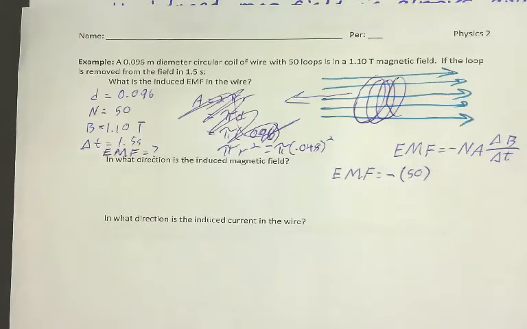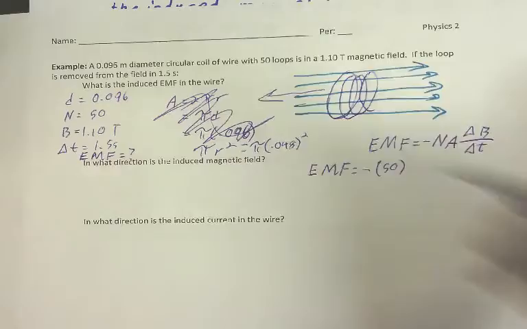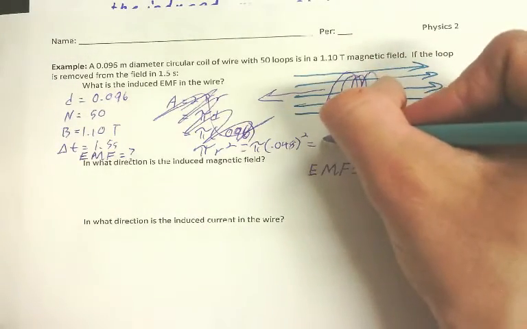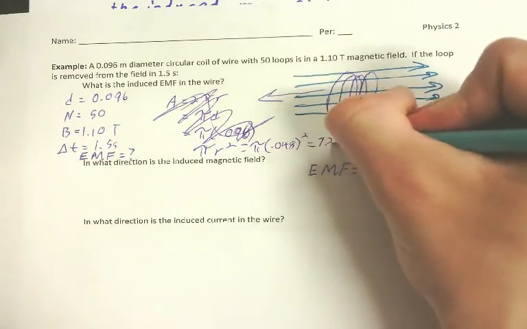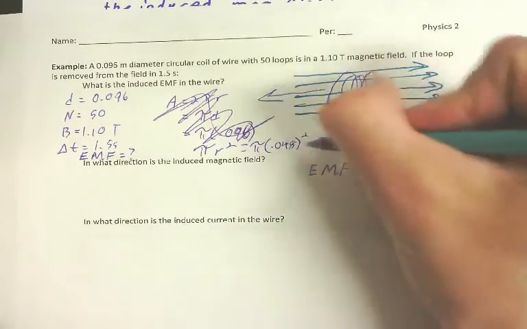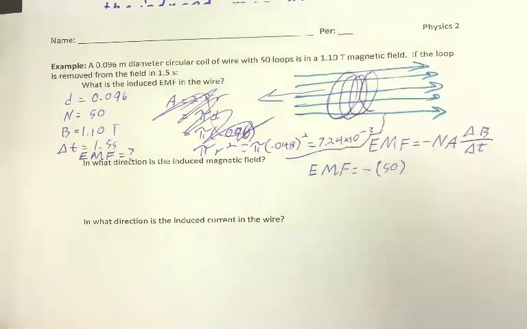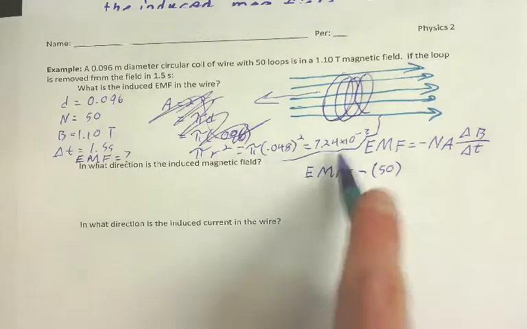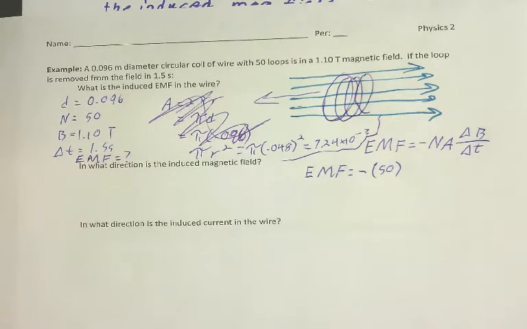Because I was doing circumference instead of area. So when I find the area, I get 7.24 times 10 to the negative third. You could certainly write that as 0.00724. I'm just doing scientific notation, but you could use whatever notation you want.